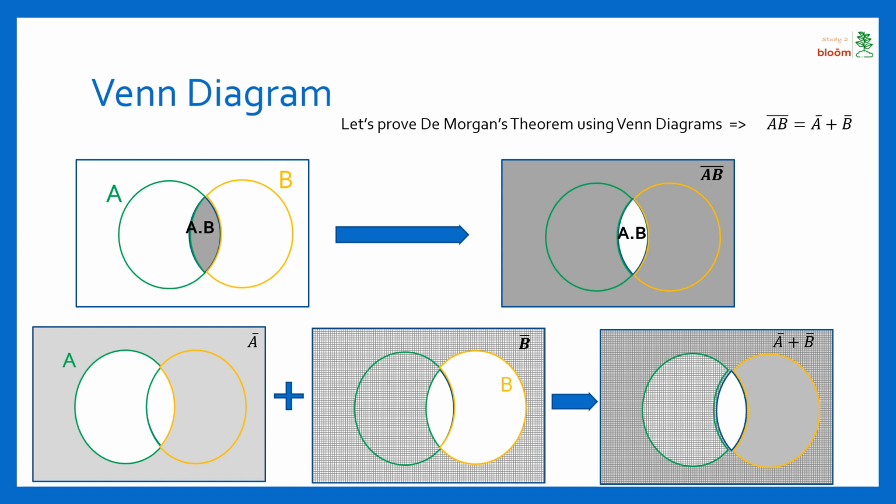So when we add, we can see this area is not colored, and the other area is colored, so we get the same result as negative of AB, where the total area except this area is colored. So we can prove this law using Venn diagrams.